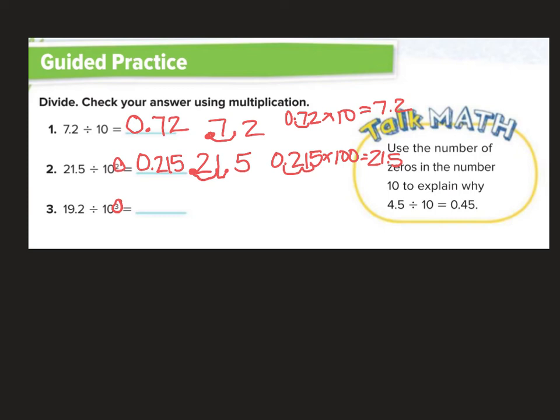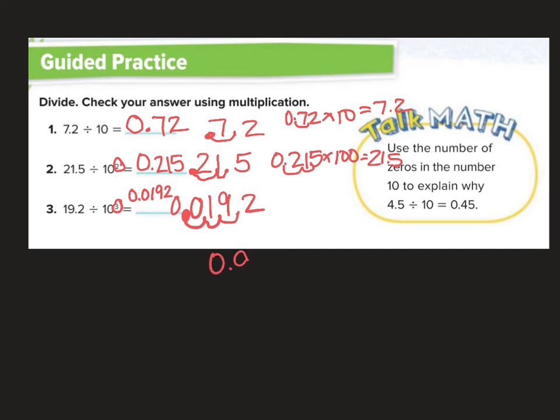Dividing by 10 to the third power. Okay, ready? 1, 2, 3. So I need to input my 0. So my answer is 0 and 192 ten-thousandths.